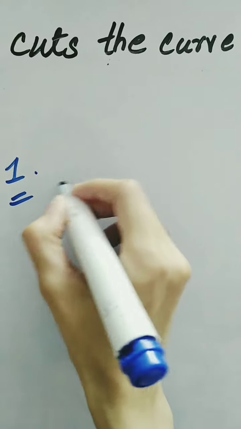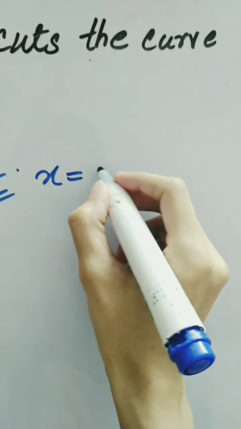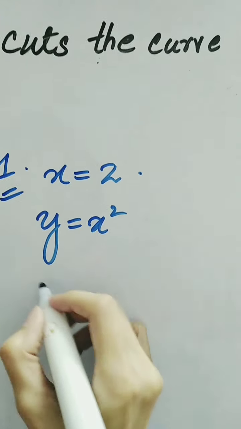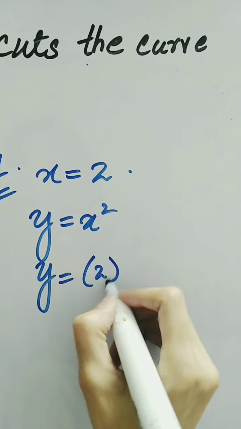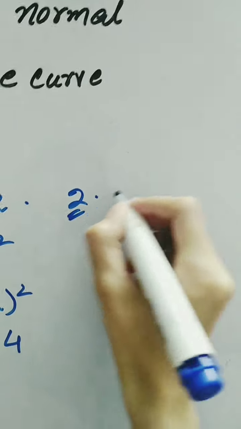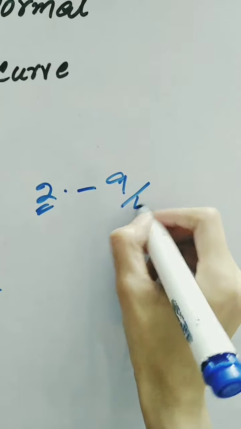With the help of the values of x, we can easily find out the values of y. First, we will find out the value of y for the value of x which is 2. We have equation y is equal to x square, and we have value of y as 4. Now the second value of x is minus 9 over 4.